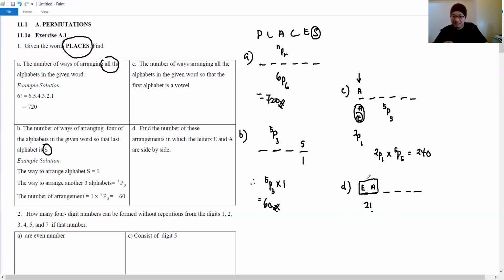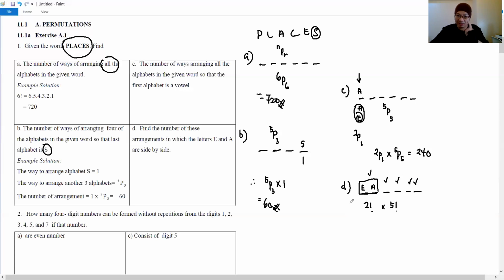So we consider this as a new object. So how many objects do we have here? 1, 2, 3, 4, 5. We got 5 different places. That means we got 5 different objects we want to arrange. So we need to times with 5 factorial.